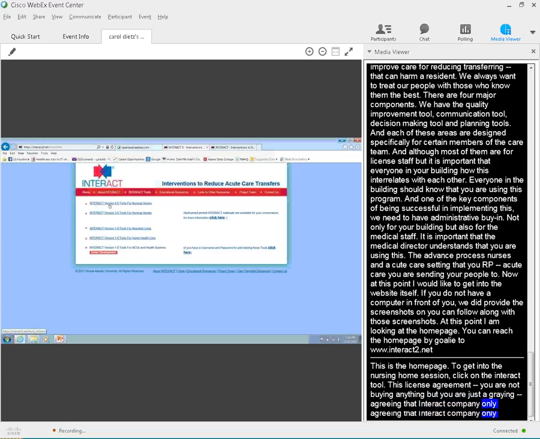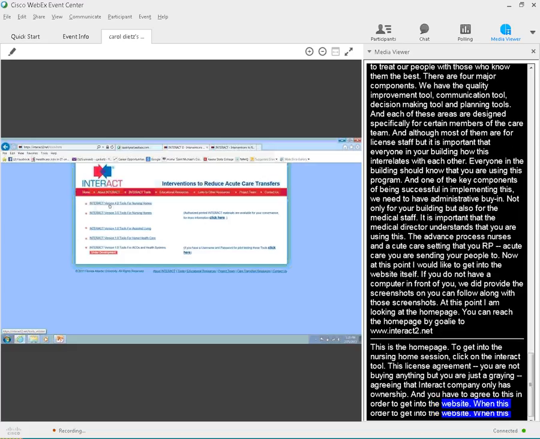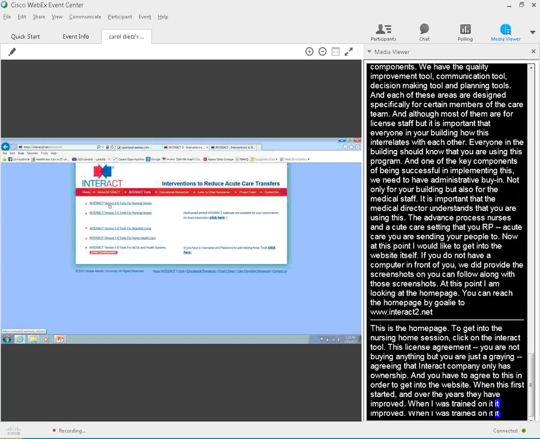Now, let me just make a note that when Interact first started, it was just Interact. And over the years, they've improved upon it. When I was trained on it, we were at Interact 3.0. As the study has gone on, people have given input on suggestions on how to improve on Interact and the different tools.